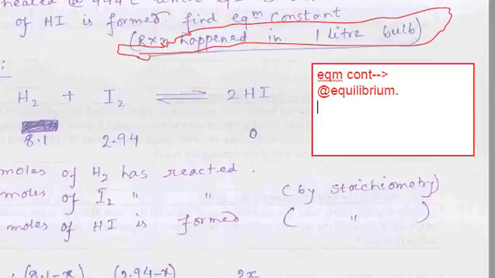Now let us forget this 8.1 and 2.94 for a minute. X moles of hydrogen has reacted. Then how many moles of iodine will react with X moles of hydrogen? Here we can see 1 mole of H2 reacts with 1 mole of I2.